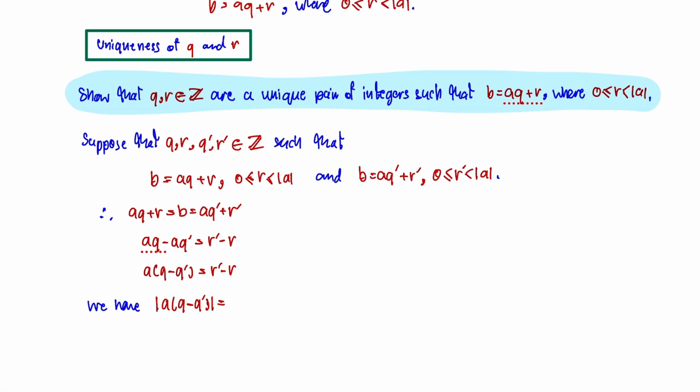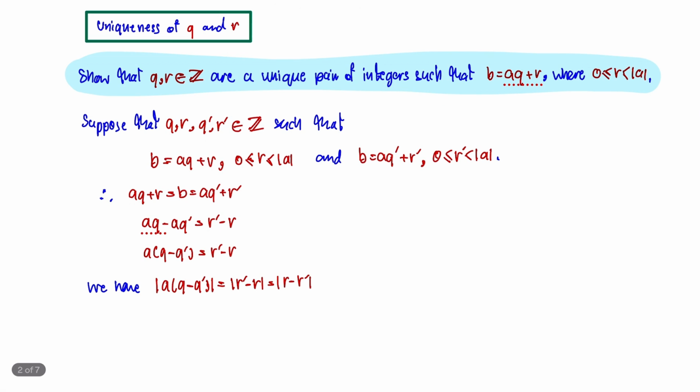We know that what's inside here is R prime minus R, and R prime minus R is R minus R prime in absolute value. Then the absolute value can be distributed into the product, so it turns out to be absolute value of A, absolute value of Q minus Q prime, equal to absolute value of R minus R prime.